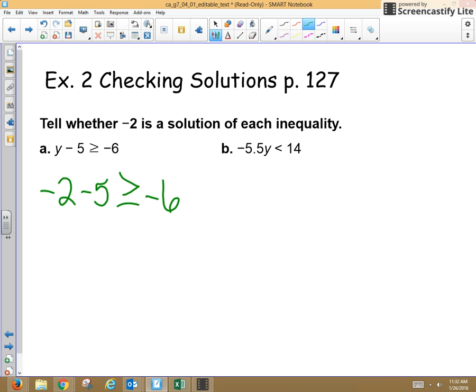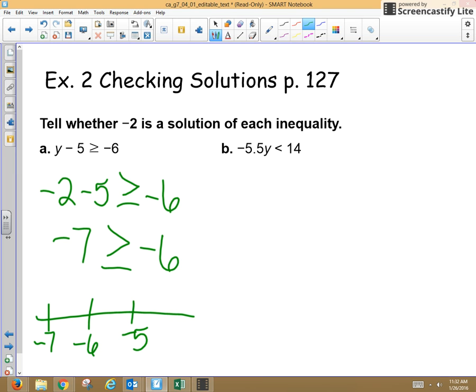Well, since they have the same sign, I add and keep, so this is negative 7 is greater than or equal to negative 6. Well, if you look on the number line, here's negative 7, here's negative 6, negative 5. In order for it to be greater than or equal to negative 6, it has to be to the right, and negative 7 is not there. So, no, this is not a solution.